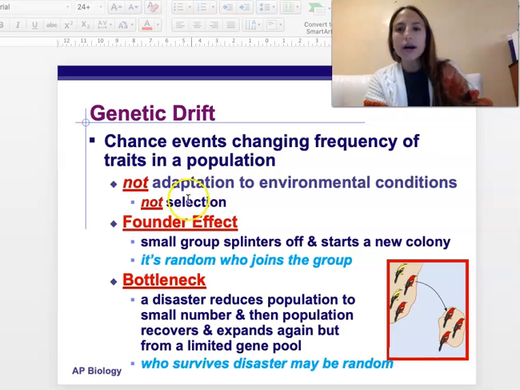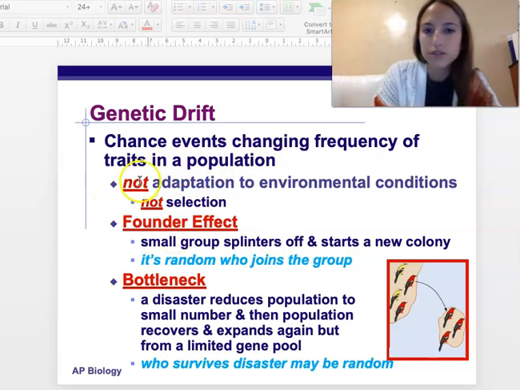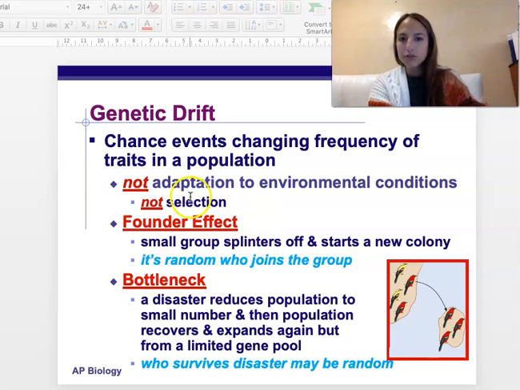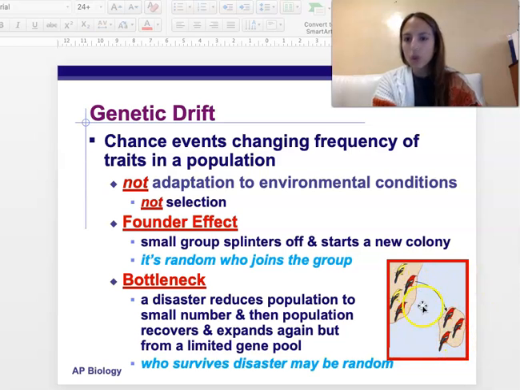Okay, so this is super strong and it's super influential when there's something called founder effects or bottlenecks. Founder effects is what I just told you, where a small group splinters or jumps off and starts a new colony. It is random who actually starts the colony. It's not like the best bird is going to go off and start the colony. It could be any bird. So again, there's no natural selection there.